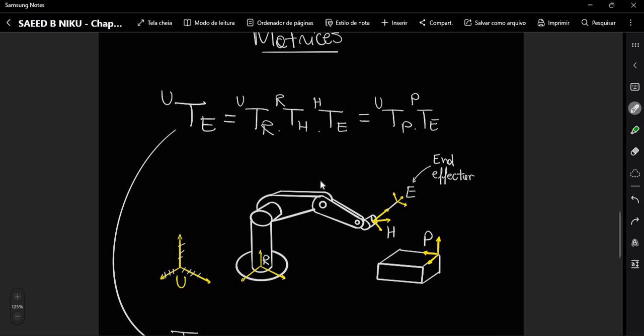So we write equations based on this reference system, and this way we can track, and notice that it is important to track the base of the robot, which is fixed, the arm, the hand, and the effector, without missing the position.